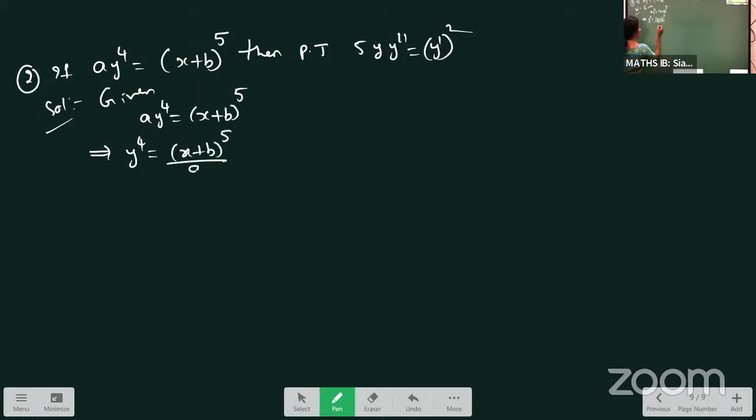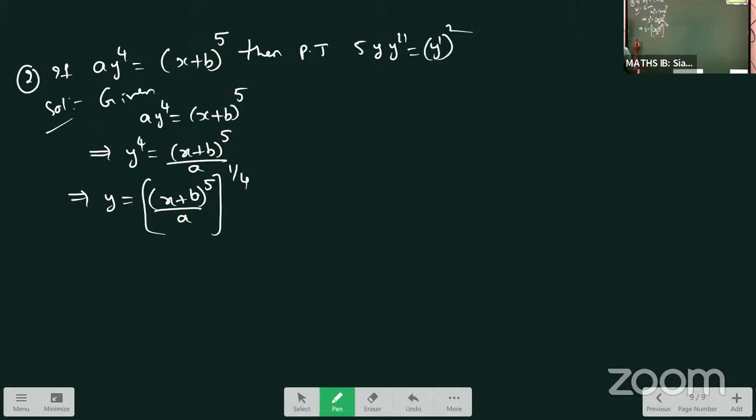So y power 4 is equal to (x plus b) power 5 by a. If it is y, differentiation will be easy. So y is equal to ((x plus b) to the power 5 by a) whole to the power 1 by 4, because y power 4 is there. If you remove 4 here, on the other side it becomes 1 by 4.